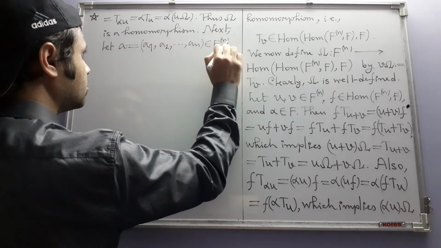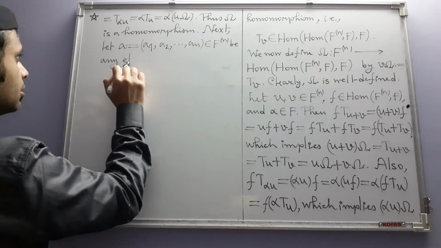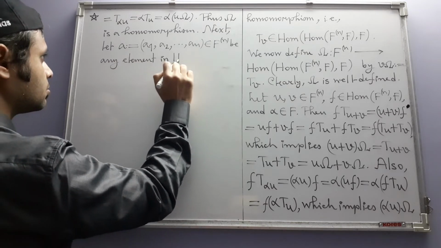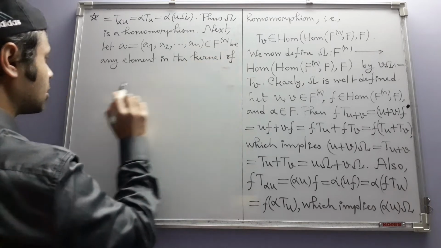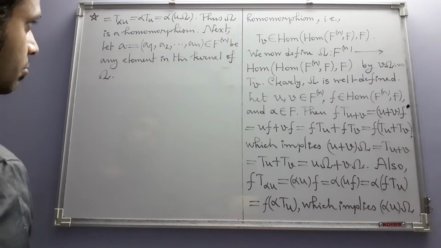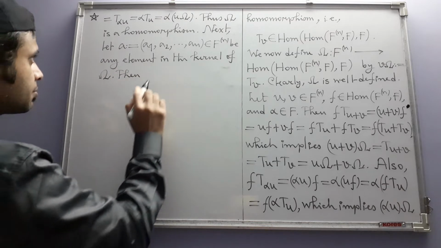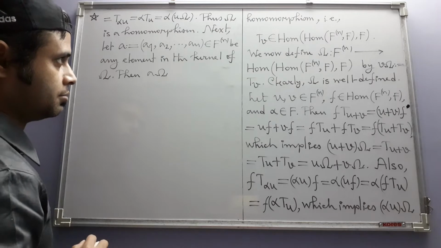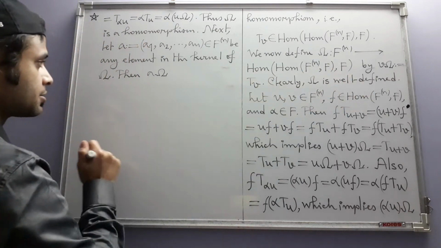Then A omega is the zero vector. Where? Zero vector in this complicated space.